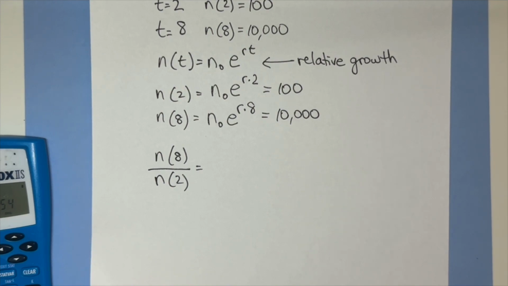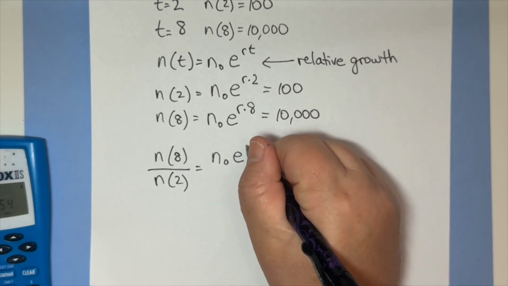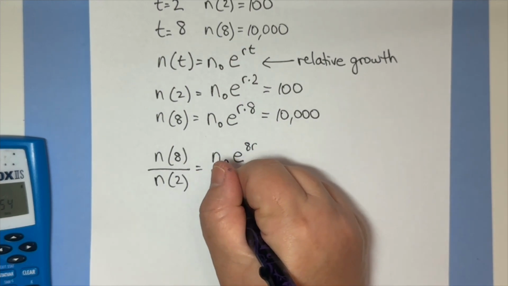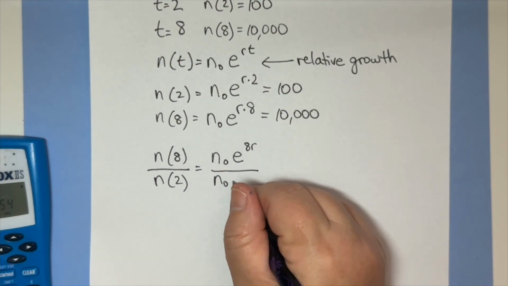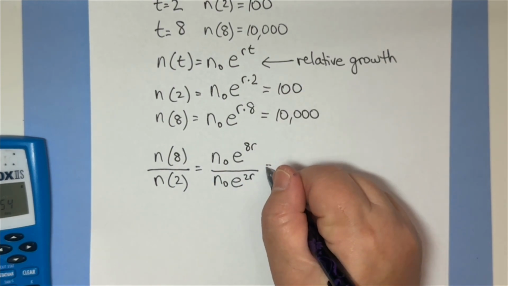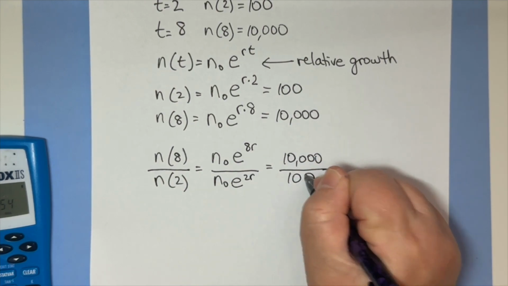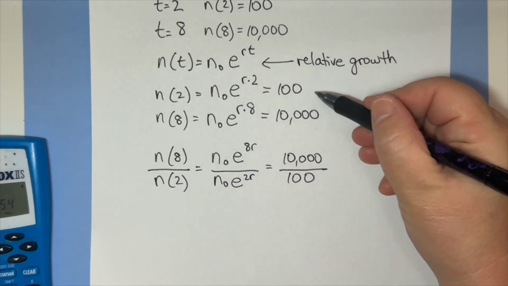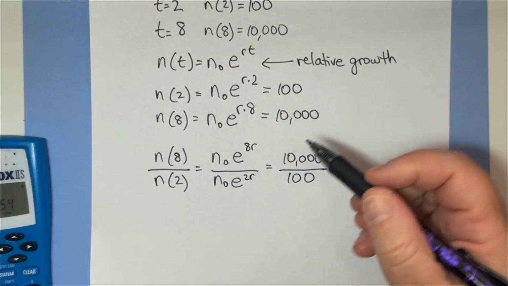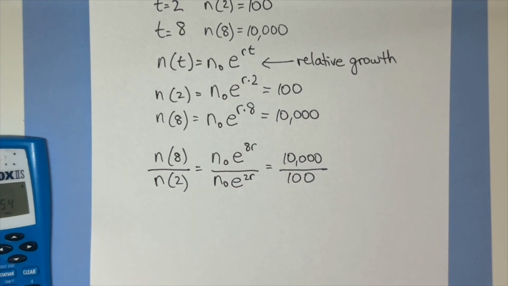And I know you're all like, seriously, why do we want a fraction? And the answer is because, and here I'm going to rewrite it as 8r and 2r, I'm going to be able to cancel things out. I'm smushing these two pieces of information into a single expression here so I can compare them.